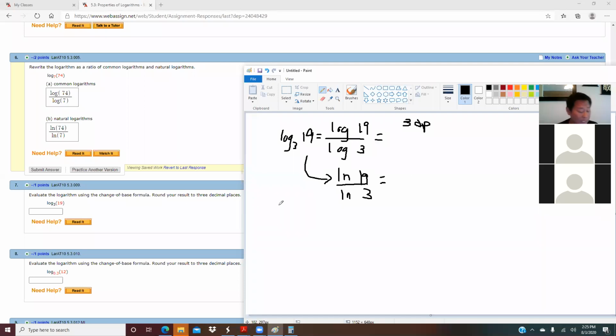So go ahead and see what you have when you do log 19 or ln 19, it doesn't matter which one you pick, over log 3. Yes, 2.680. Yep, you guys are good. Okay, that is correct.